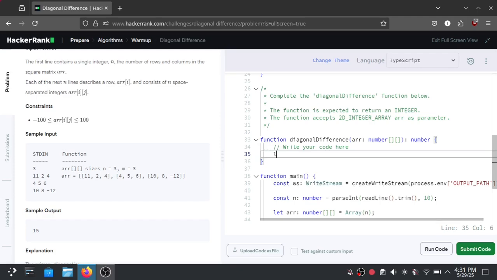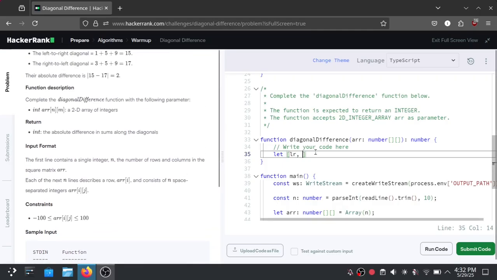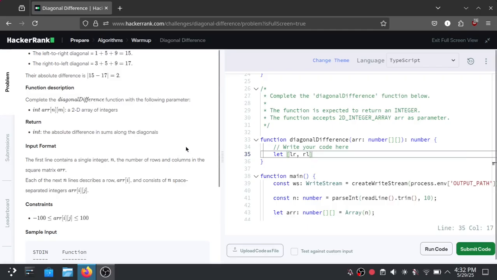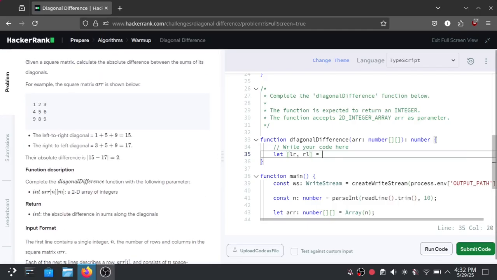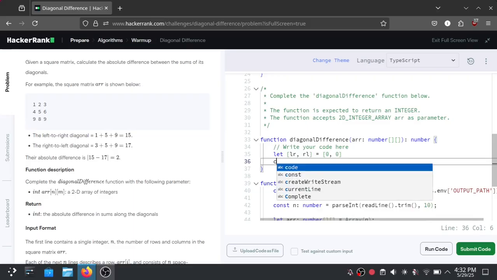We are trying to use the array destructuring called the left to right, which we are using the LR as the acronym, and then right to left. Then the initial value will be 0, and then we are defining the array length.